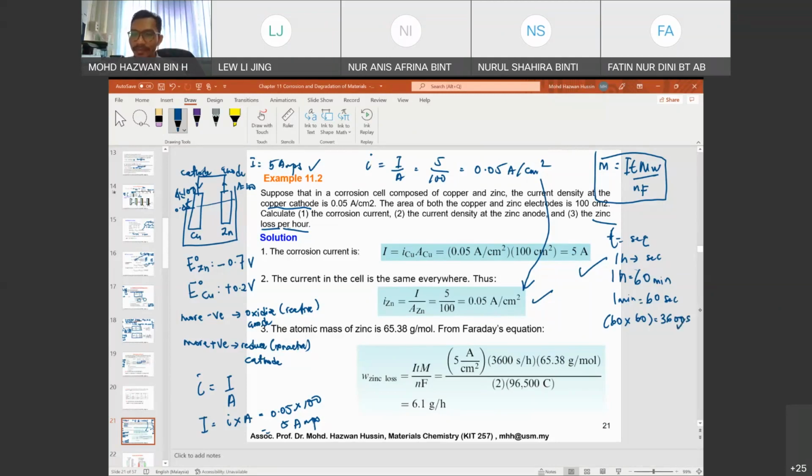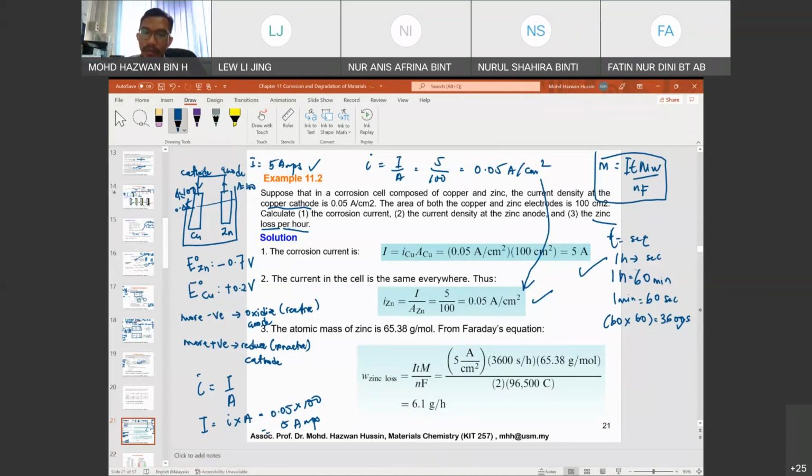Betul tak? Okay, right. So over here, the atomic mass for zinc is not given, but this is the value: 65.38 gram per mole. Valency of zinc is equal to 2 and 96,500 coulomb is the Faraday constant. If you substitute all these values together, you will get 6.1 gram.